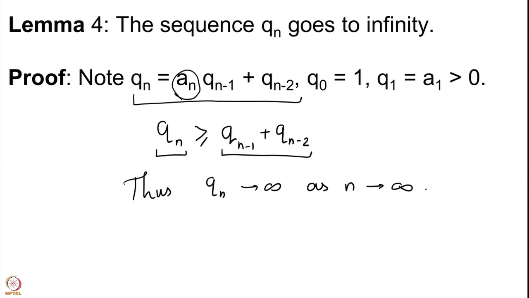In practice, these ans are going to be large integers. So, although we have this innocent looking inequality, Qn is bigger than or equal to Qn minus 1 plus Qn minus 2, actually we have a much stronger inequality. If you remember the continued fraction expansion of pi that I had given in the very beginning of this theme, then you may remember that 292 appeared there as one particular an, and therefore, Qn is going to go quickly towards infinity.